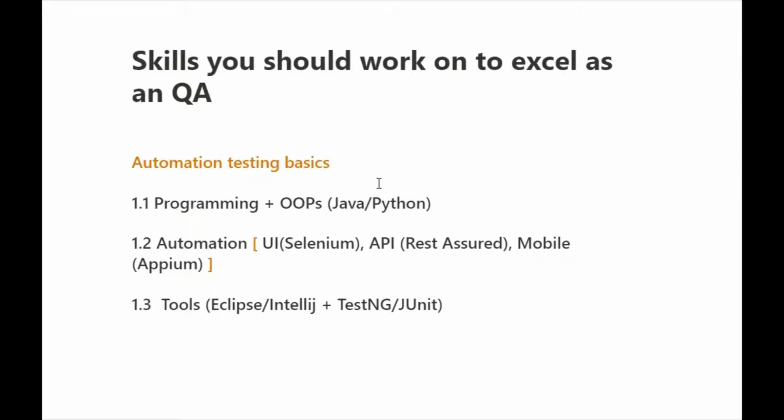If we talk about the first thing, if you really want to switch into the automation side, or if you want to excel as an automation engineer, you should work on a programming language. If you are coming from a computer science background, obviously the interviewer or company will expect that you have some basic knowledge of a programming language along with the OOPS concept.